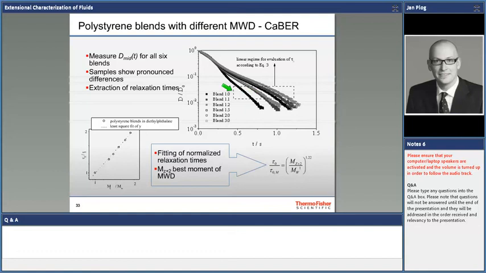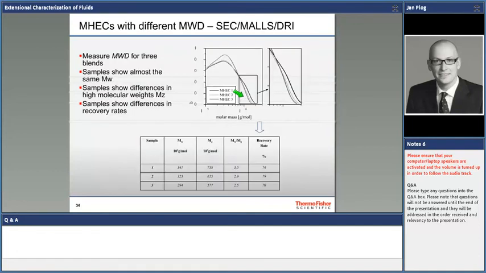What we found out is that the best mode of the molecular weight distribution that correlates with the extensional behavior is not the weight average molecular weight, but one of the higher modes, the Z average, the centrifuge average of the molecular weight distribution. So you see huge differences here, just depending on the molecular weight distribution. All those 6 samples have the exact same weight average molecular weight. Keep that in mind.